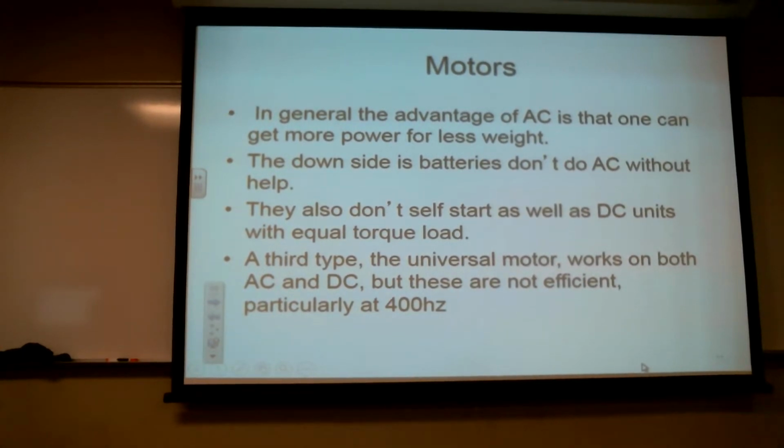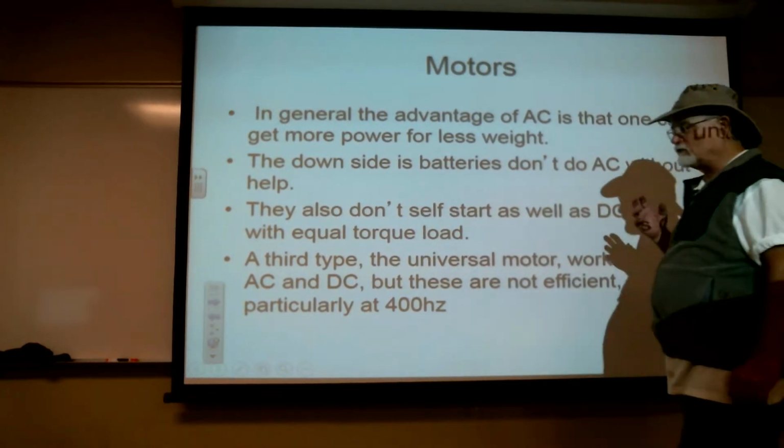But note that I've said power, not torque. AC motors, typically even large ones, aren't very torquey. They take a little bit to get going. They do not produce as much torque as the DC equivalent, like a DC starter motor, but they can produce quite a bit of power.